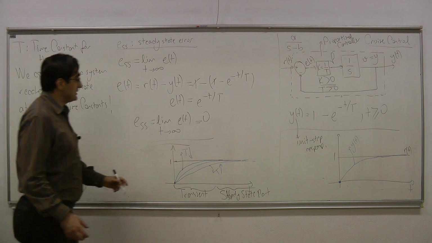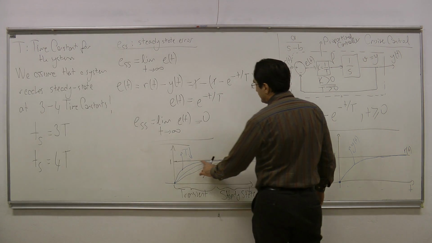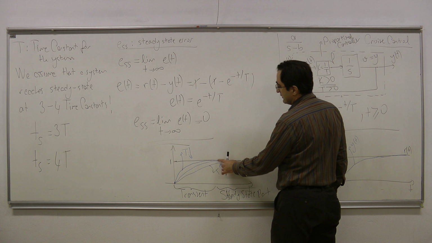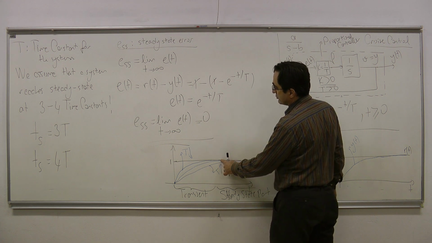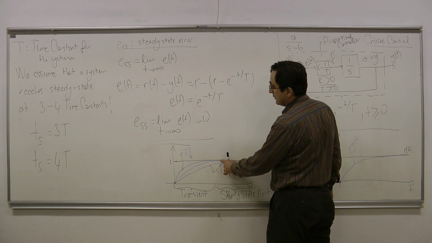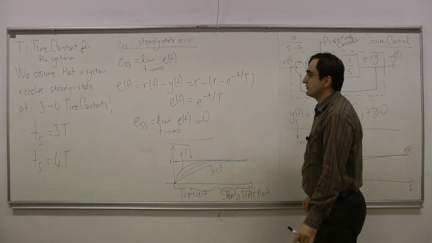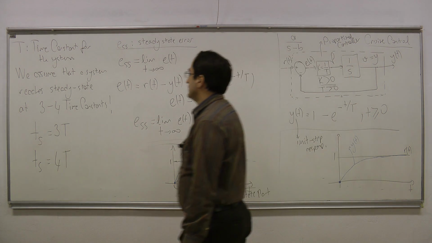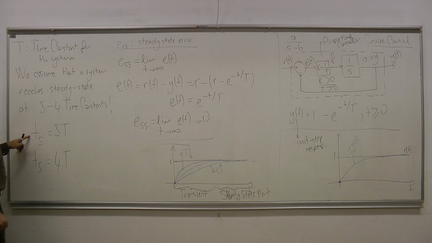So we assume that these exponentials decay sufficiently for us to reach the final value, depending on the time constant of a system. The amount of time that is required for a system to reach its steady state is called the settling time. And it is usually defined either as 3 time constants or 4 time constants, depending on the application.